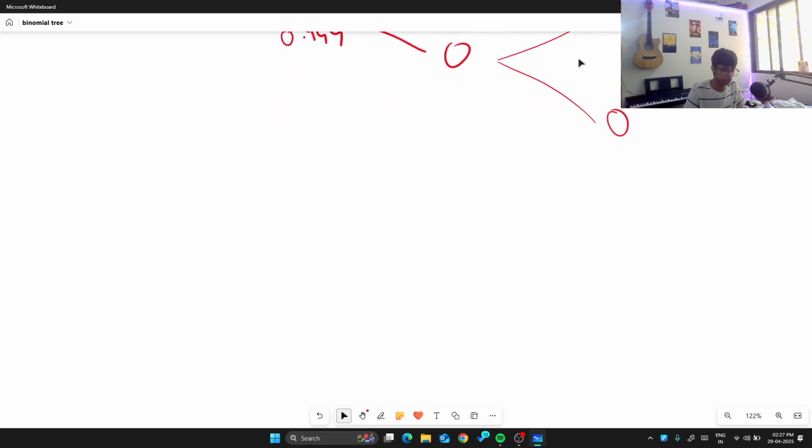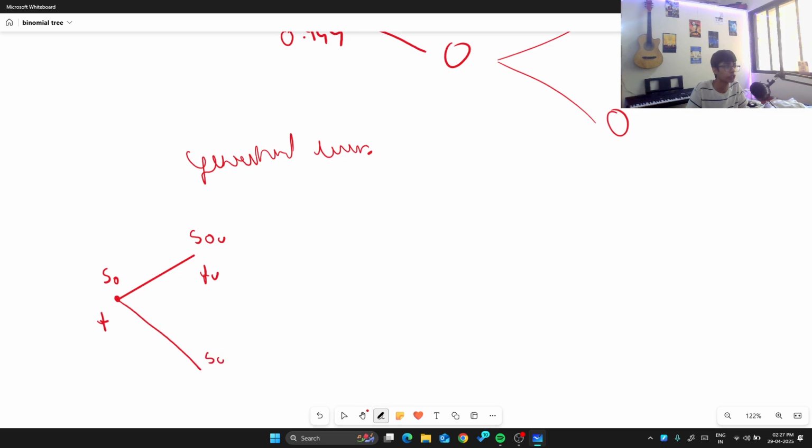And let's generalize this with notation. We start at S0, the current price, and f is the option price. We go to S0u with one up movement, and the option price would be fu. Then one down movement, S0d, and the price would be fd. Then we go up again, S0u squared, with value fuu.